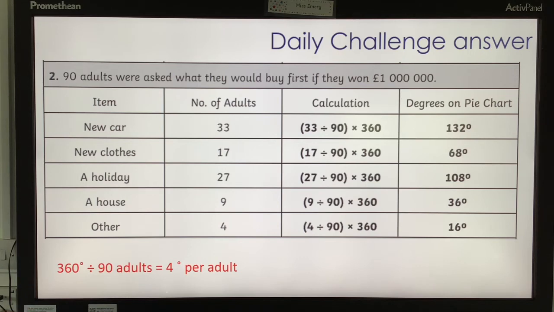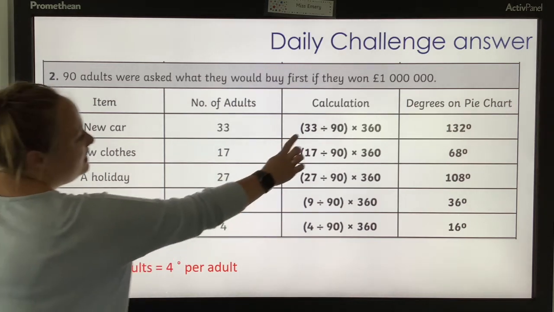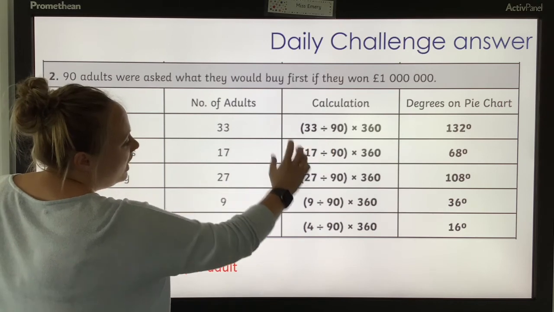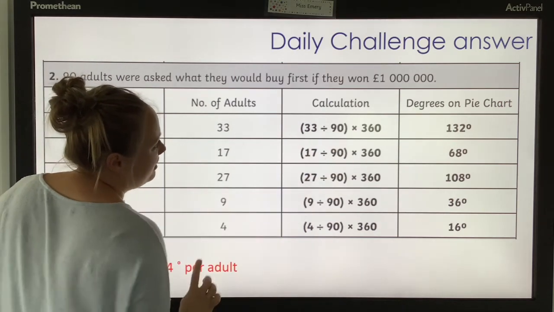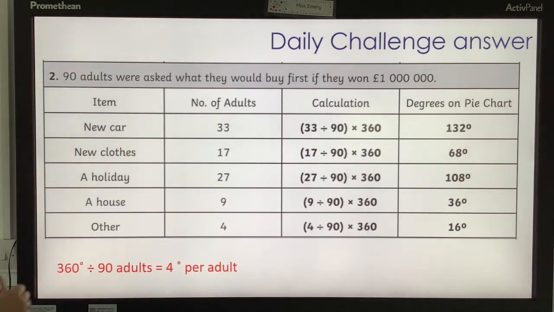A little bit like if you were trying to work out a percentage, you might divide the amount of people by the total amount of people times 100. So it's similar. So you can do 33 divided by 90 and then times that by 360, or 17 divided by 90 times that by 360, or you can work out how much 1 degree is worth by doing 360 divided by your total number of adults. You find 1 degree and then you can times that by 33, 17 or 27.